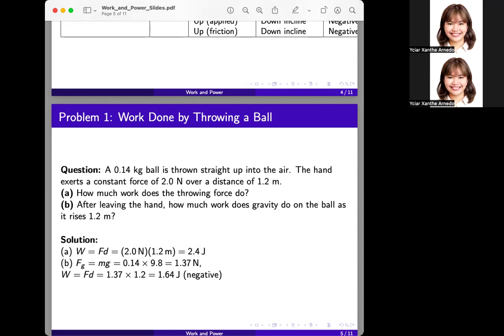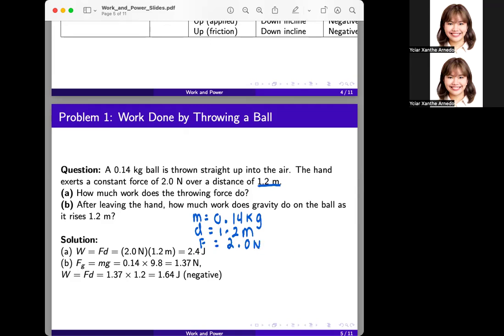A ball of mass 0.14 kilograms was thrown up to a maximum height of 1.2 meters with a force of 2 newtons. So we're given m, or mass. We're also given the displacement d as 1.2 meters and the force F as 2 newtons.